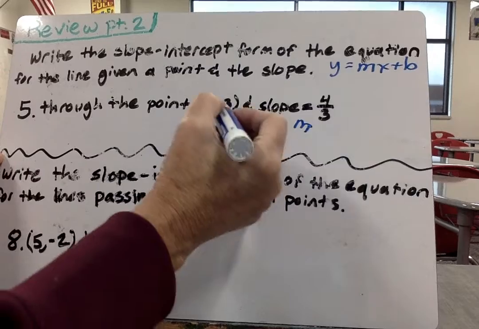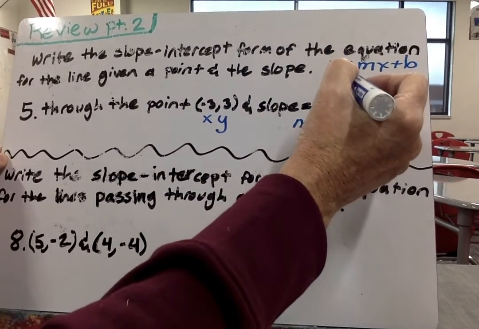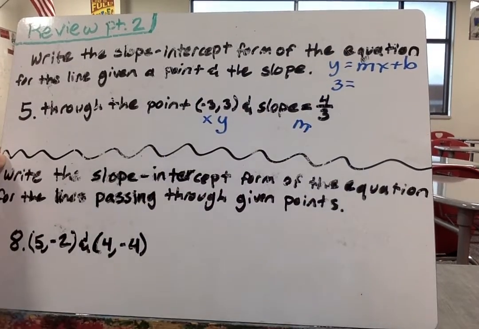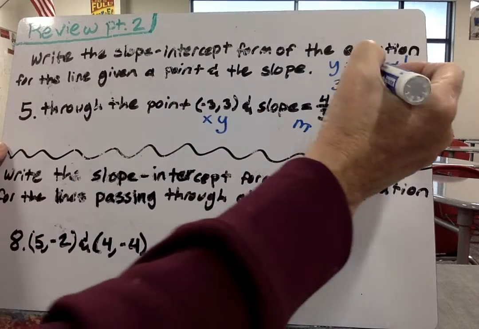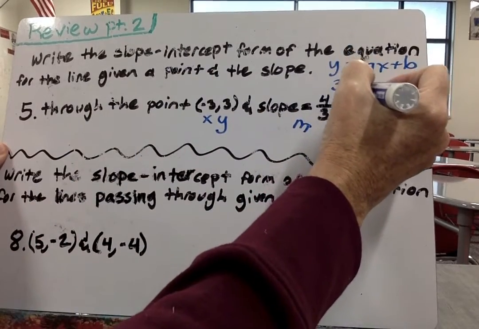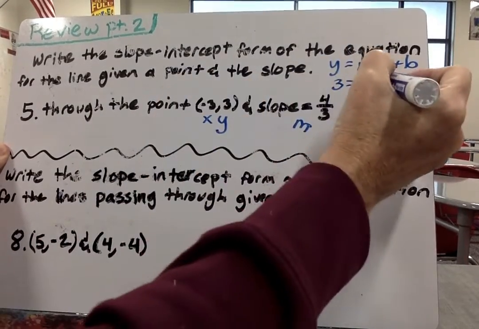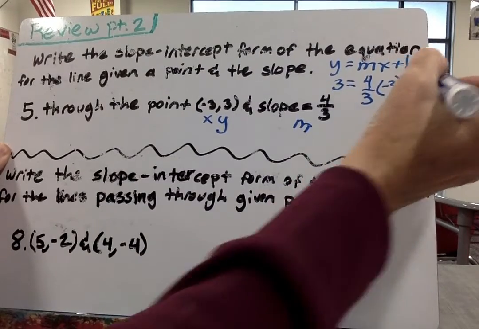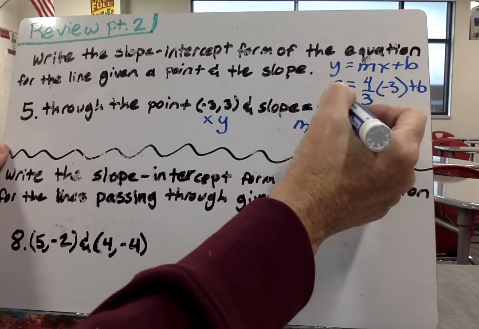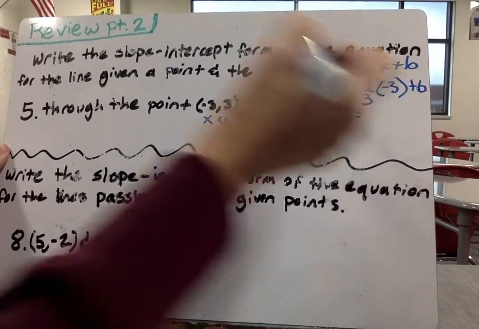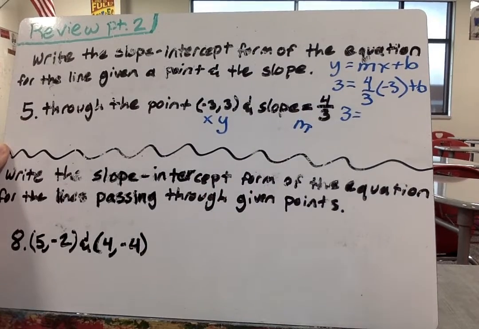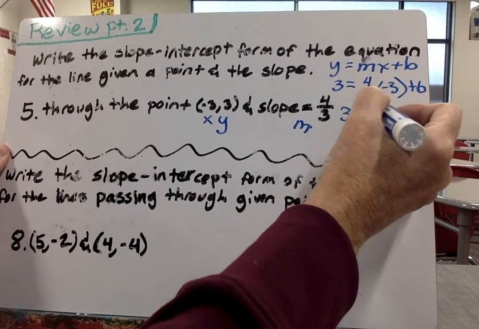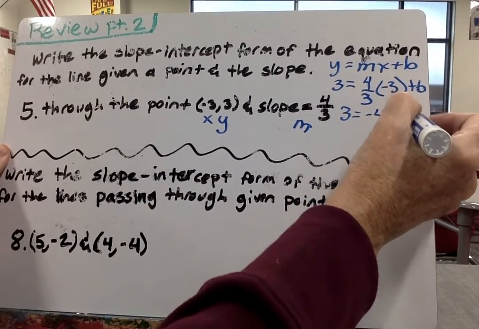So we say y is 3 equals m is 4/3, x is negative 3 plus b. So we say 3 equals 4/3 times negative 3, which is negative 4, plus b.